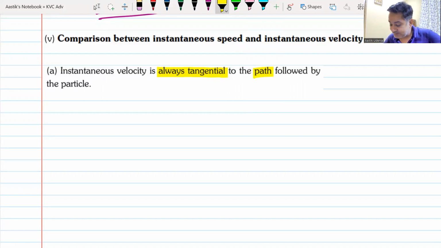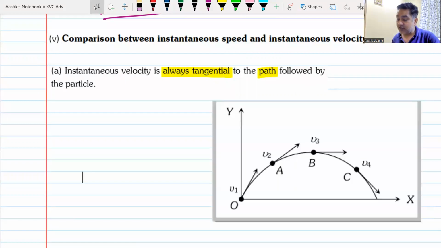Do we understand this? Yes, sir. These definitions are valid in all cases, and therefore the direction of instantaneous velocity is always tangential to the path. This is an example of something known as parabolic motion. Yes or no? Yes, sir.